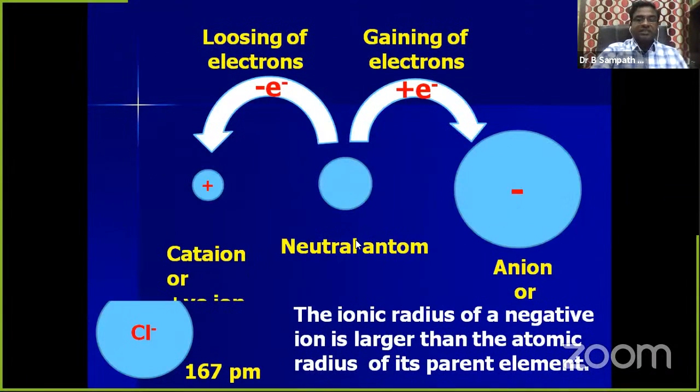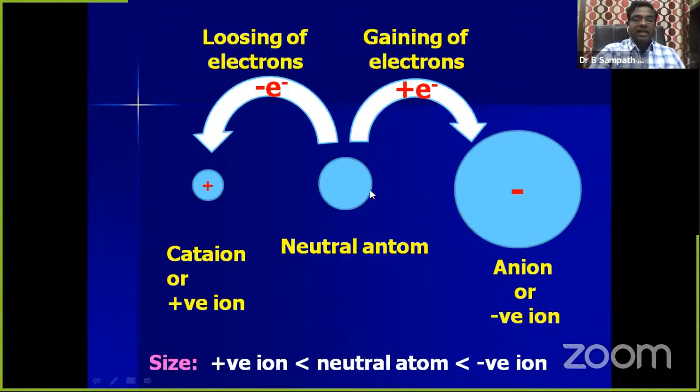So see children, here this is the neutral atom. After gaining the electrons, that is when we add the electrons to the neutral atom, here plus electrons, we can get the negative ion, or anion.